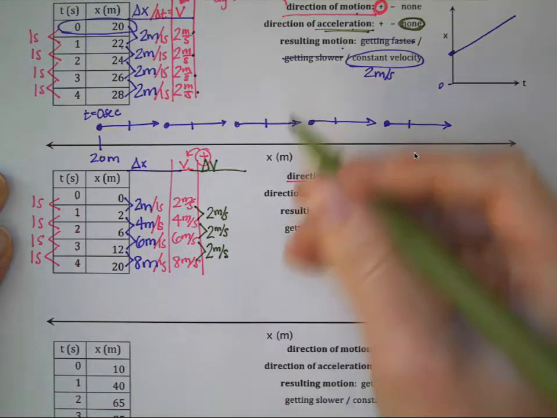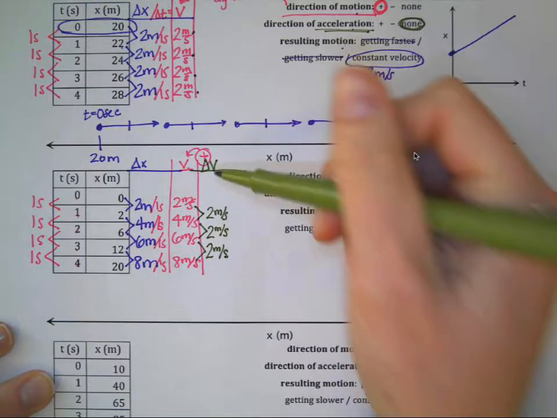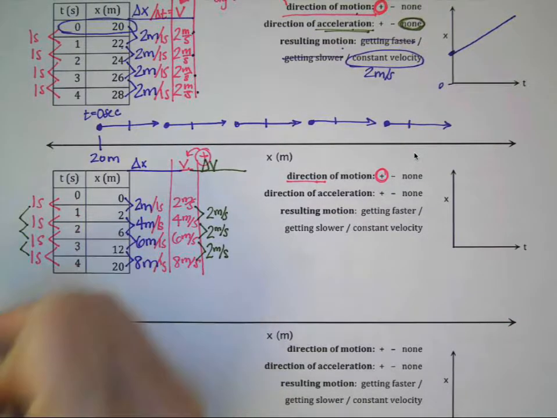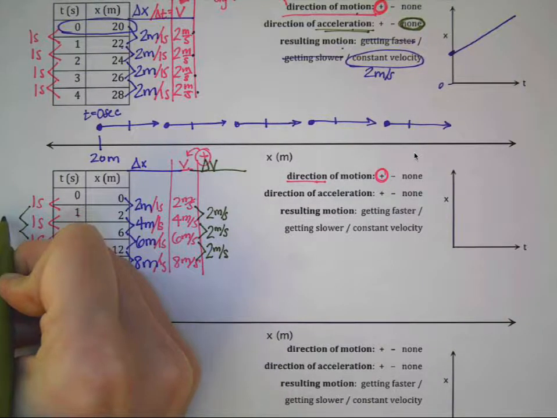But remember, this is just the change in the velocity. We have to look at the change in the time that occurred. And if we look on this side, we see each of those happened from 1 second.